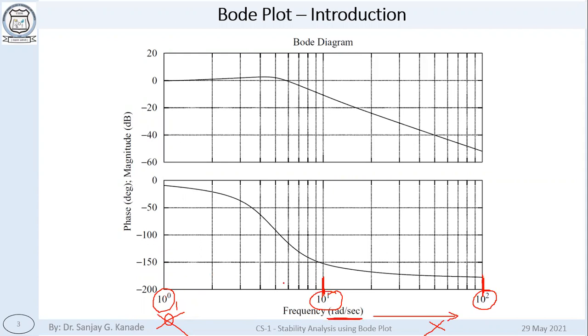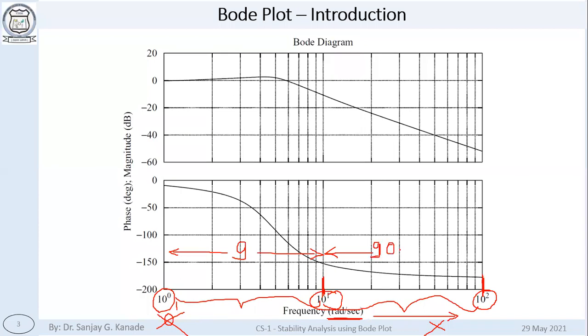So from 1 to 10, the amount of the distance on the graph paper is equal to 10 to 100, right? Here we have only 9, the range of frequencies is 9 radians per second, whereas here, the range of frequencies is 90.